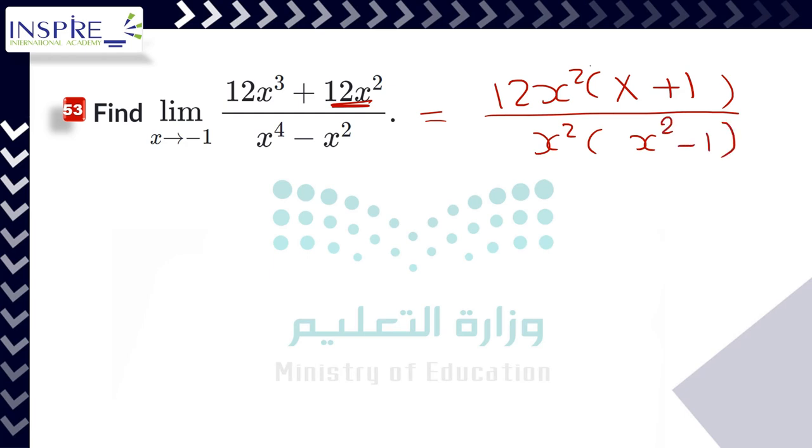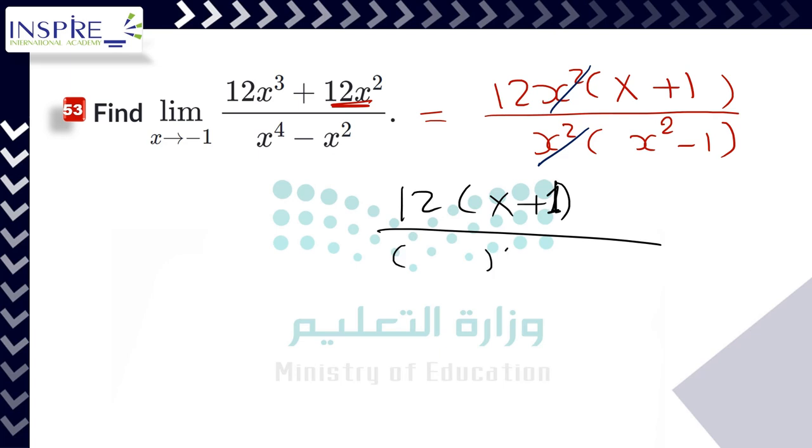And then we'll cross out x power 2 up and down, and if you plug in -1 again, you will find it to be still undetermined. It means we still have to factorize further.